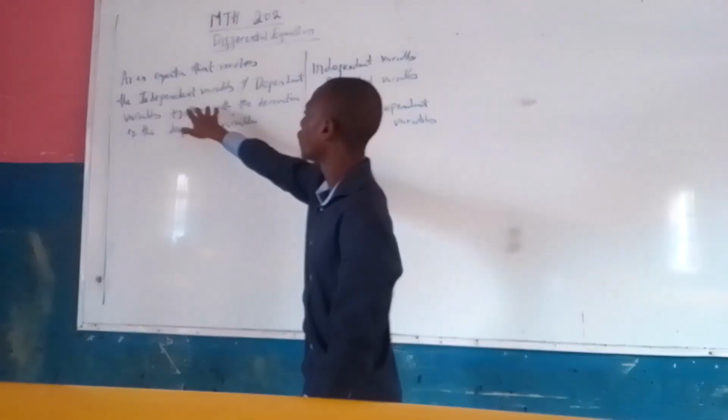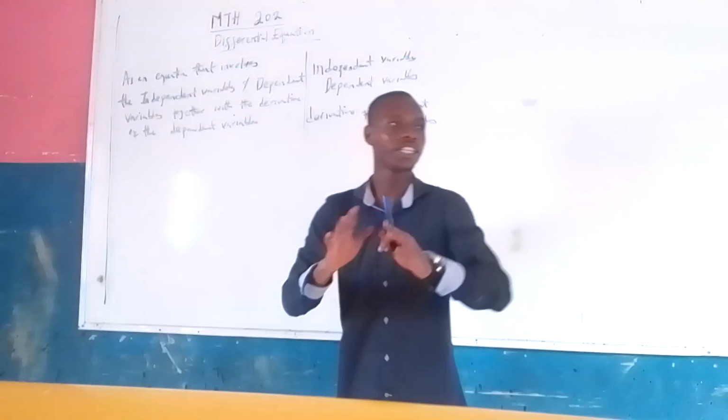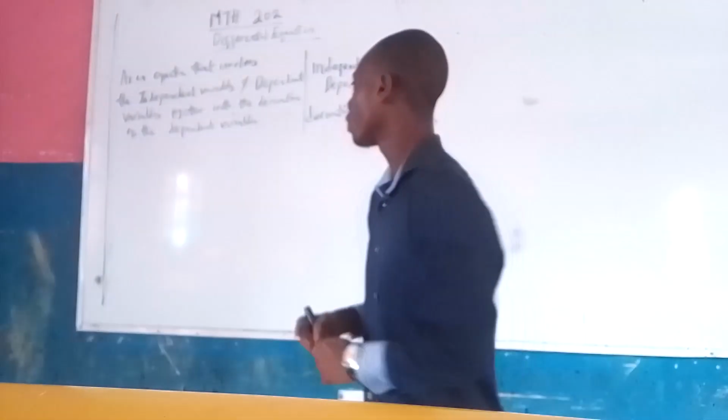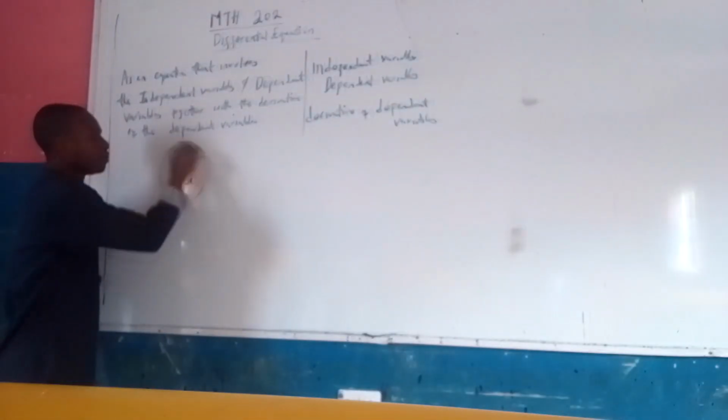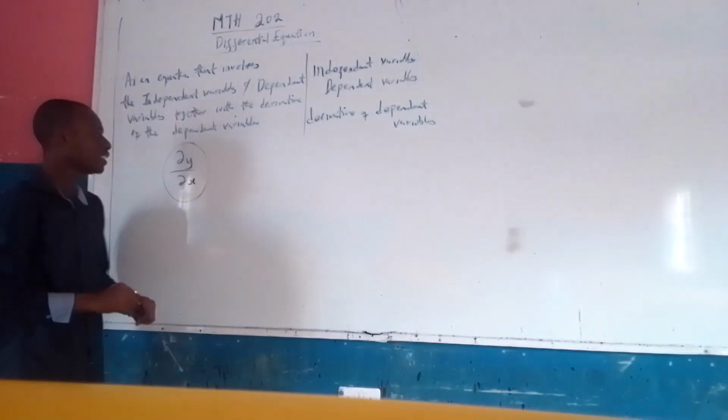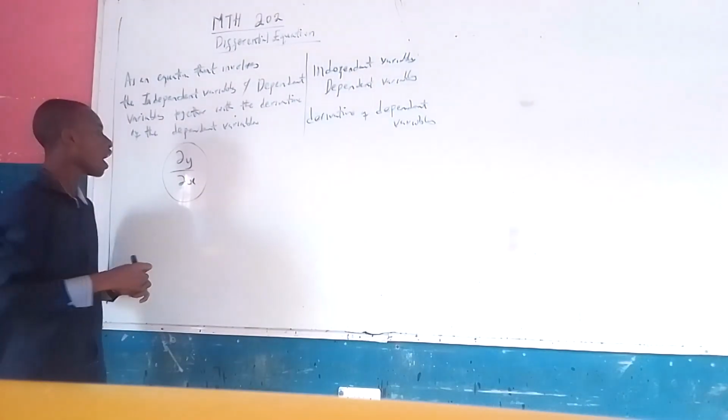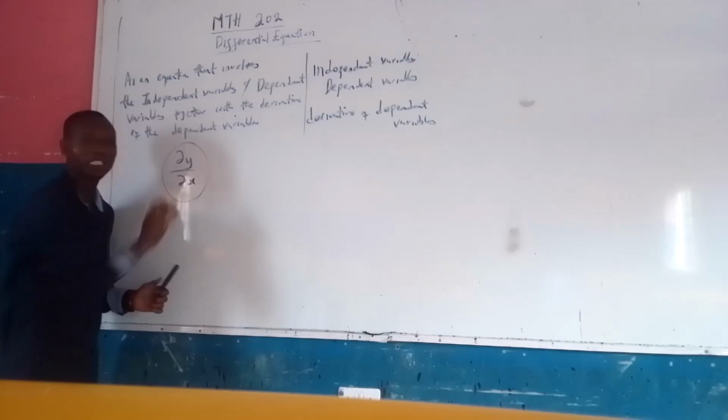Now, when we talk about independent variables, dependent variables, and the derivative of the dependent variables, what do these three factors really mean? Now, if we talk about dy over dx, this is a derivative. And what is your dy? What is your dx?